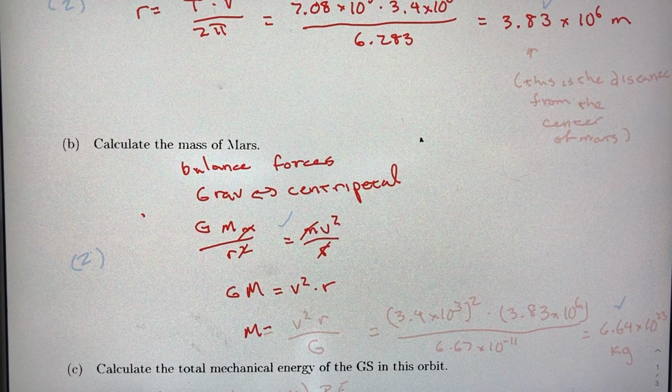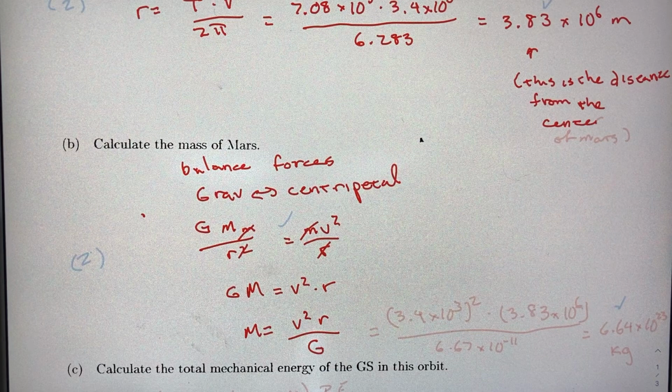Okay, so M is V squared R over G, and don't forget R is the distance away from the center. It's not the altitude, which is above the surface.